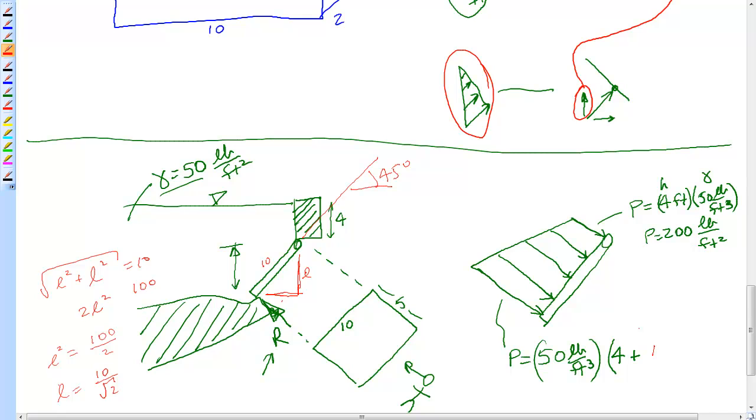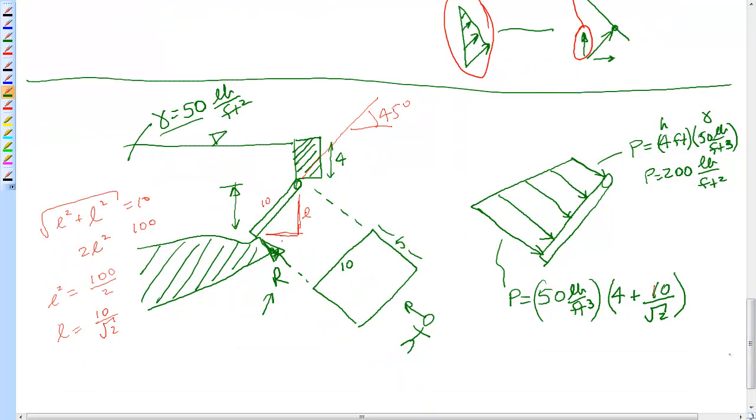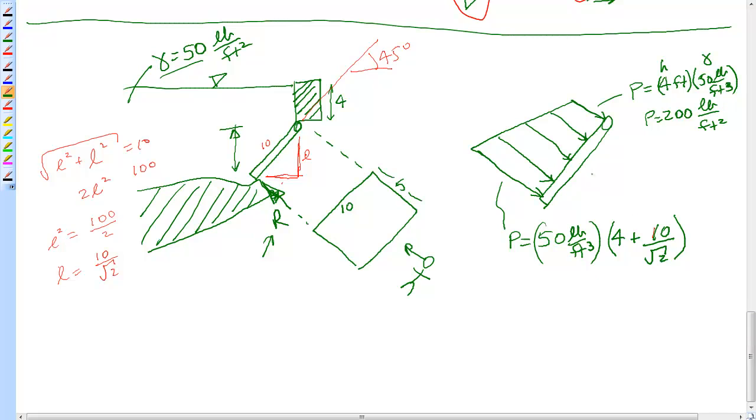Oh, let me rechange my... So this turns out to be 10 over square root of 2. I can use a calculator and solve that in a minute, or I can just keep going here. So you also have that this thing is 5 foot into the board. So now you want to find the... Remember, you're still looking for the reaction load.